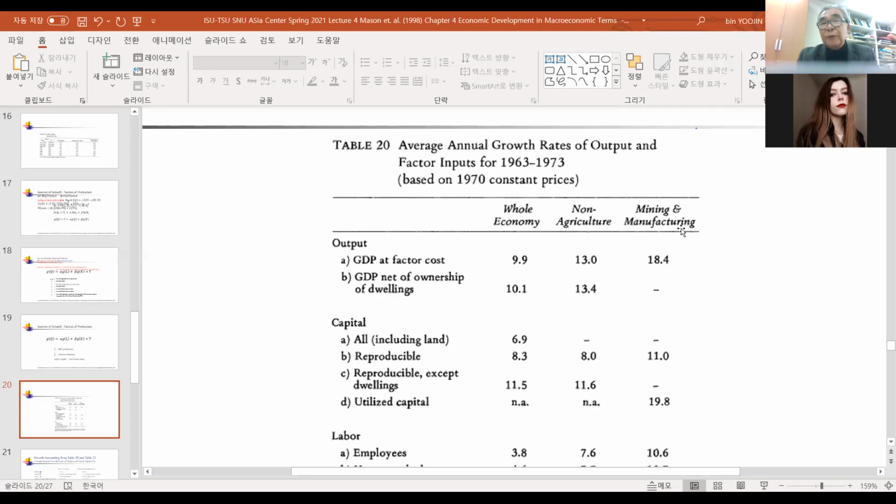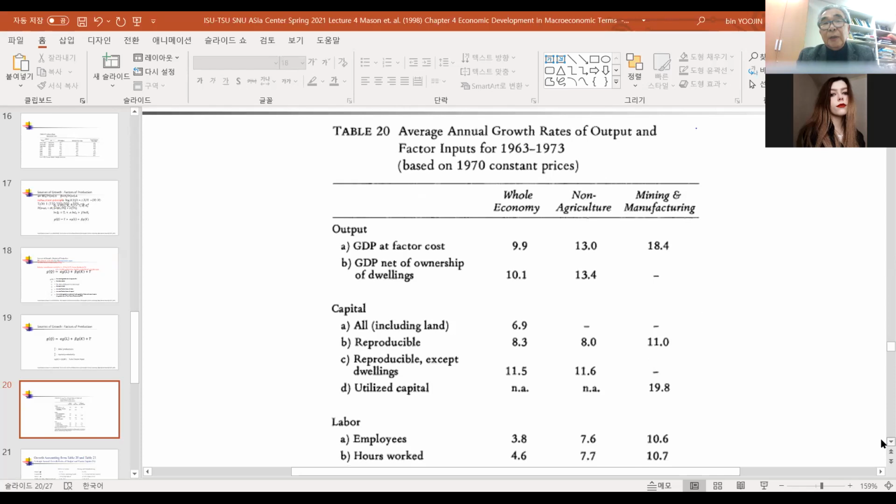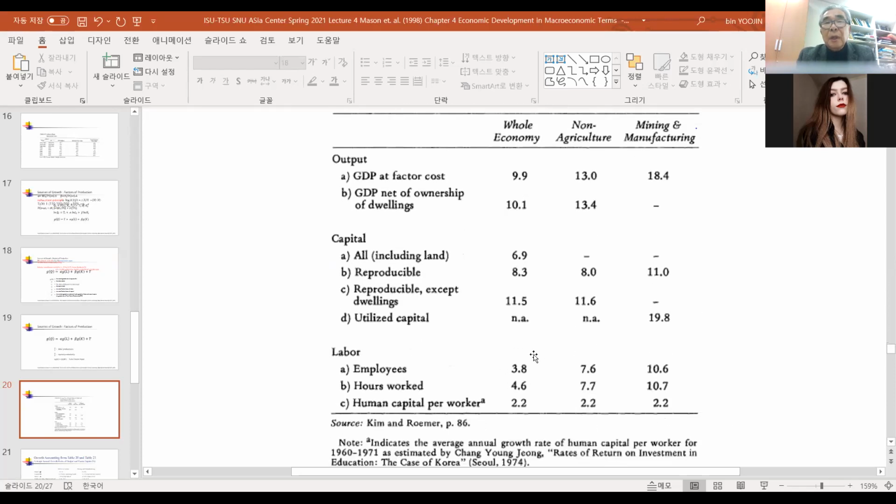Non-agriculture, mining and manufacturing are the subsectors, for example. How about labor? At the time, Koreans were booming, there was a baby boom, for example. Very high rate of birth, 3.8%. So more machines, more buildings, more people were inputted into the 9.9% growth rate. Okay. How about the manufacturing and mining side?